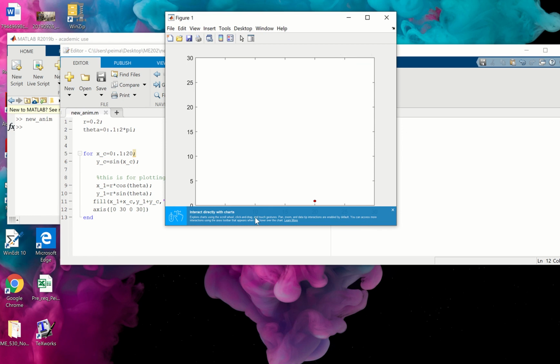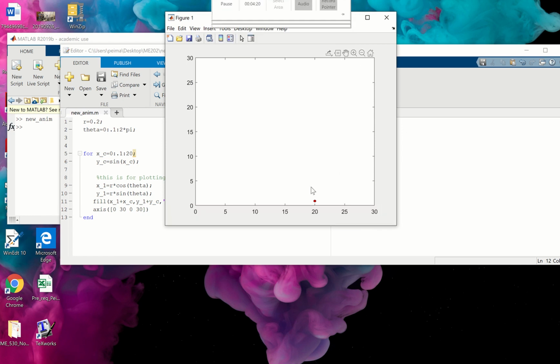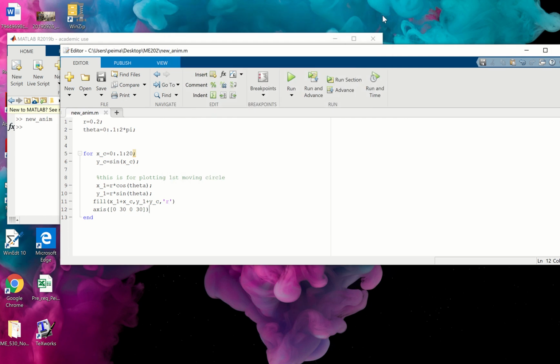What is this? Interactive charts. No. Okay, what happened? x1 plus xc, y1 plus yc, but x is changing with this.